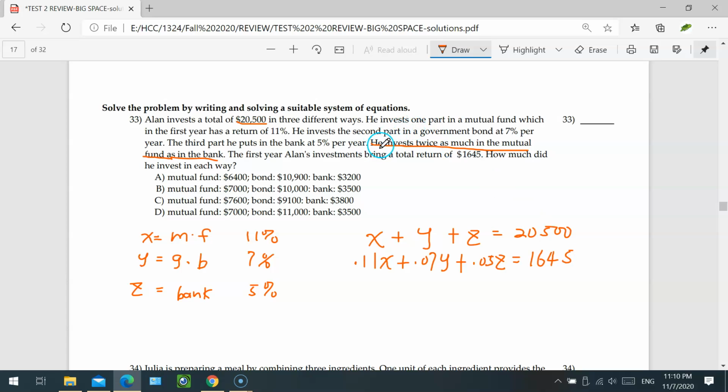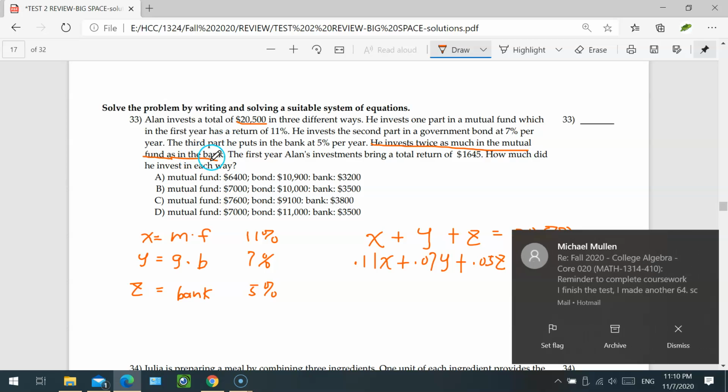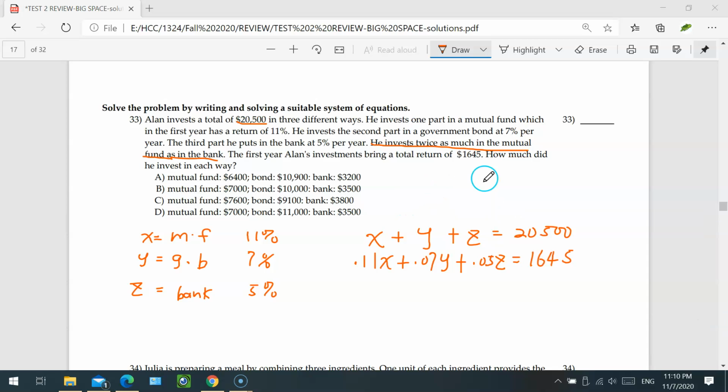The third equation is here. He invests twice as much in the mutual fund as in the bank.